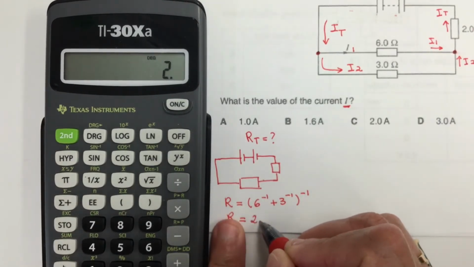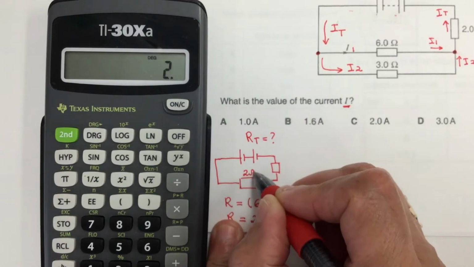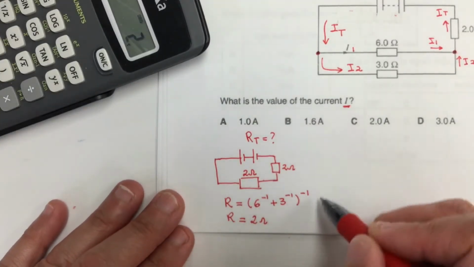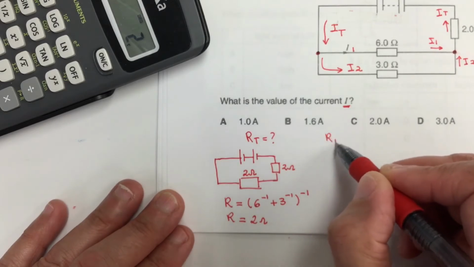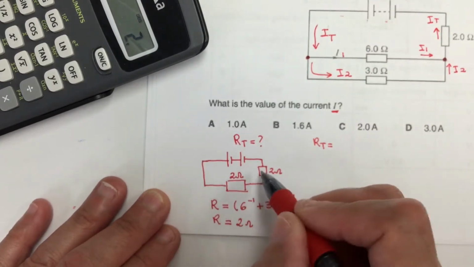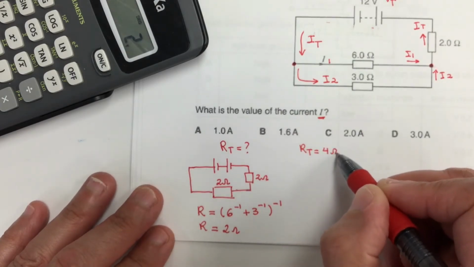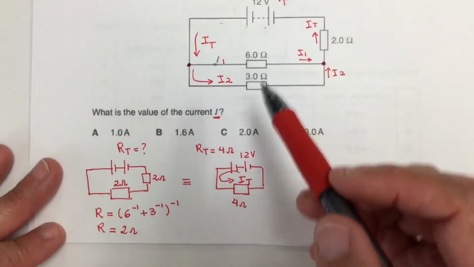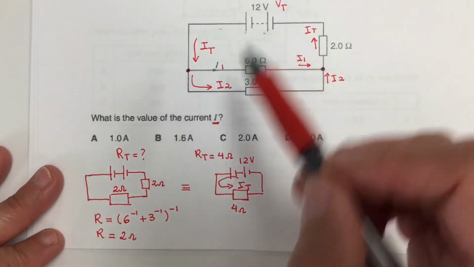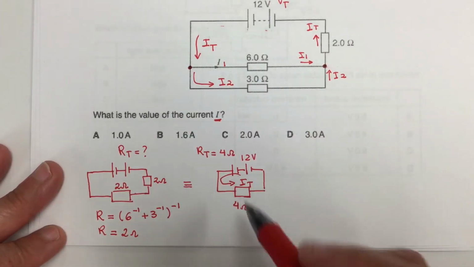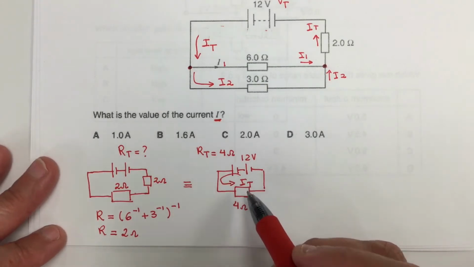So 2 ohms right here, and this is 2 ohms. So my total resistance in this circuit, because this is now in series, is 4 ohms. Okay, now that I have simplified this circuit to this and finally to this, I can calculate my total current.